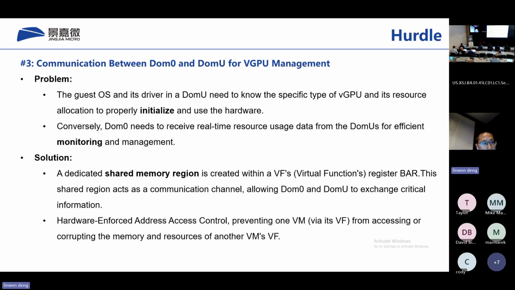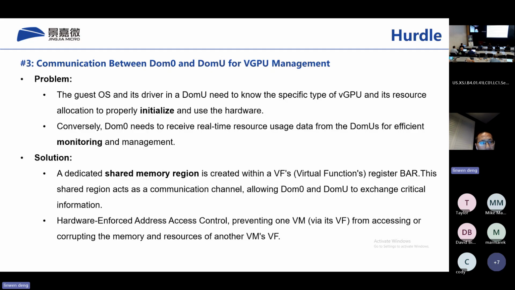When a vGPU is assigned, DOM 0 writes the vGPU's type and its resource allocation, such as the memory size, the number of cores, and the number of clusters, into a shared memory area.